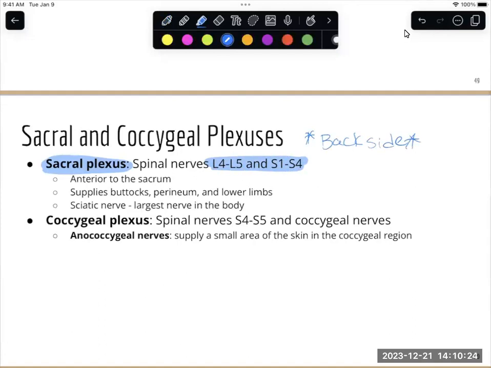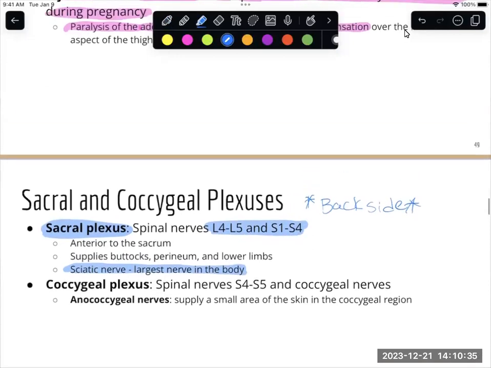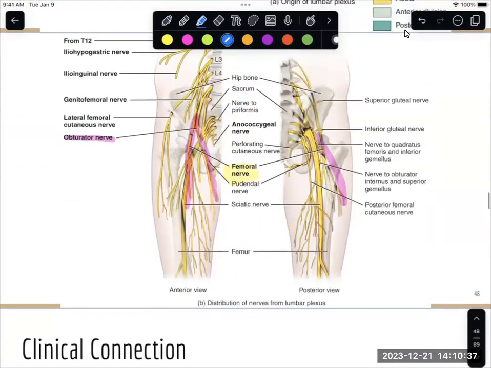We have the sciatic nerve that comes out of the sacral plexus. This is the largest nerve in the body. So come back up. This nerve coming out the back here, this is that sciatic nerve.